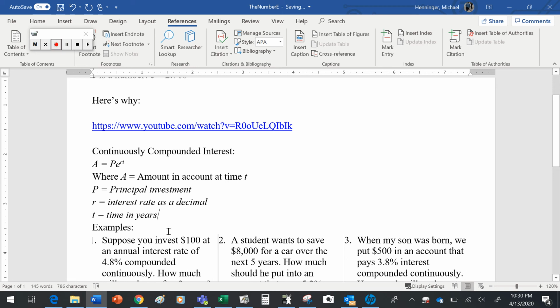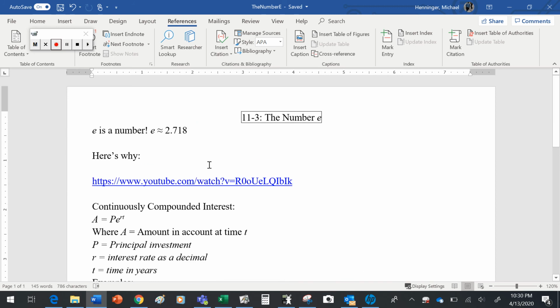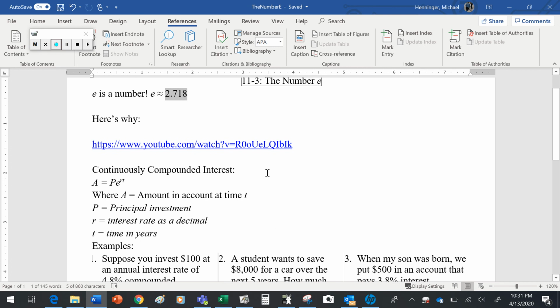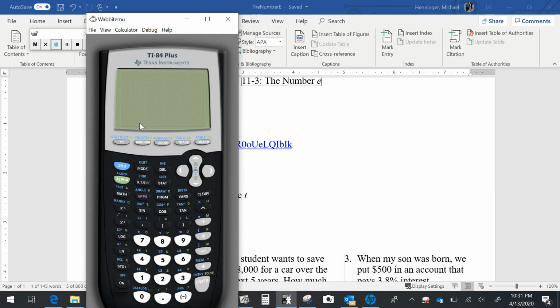Now, here's the catch though. We want to use this number e, and we want to be exact. We don't want to have to type in 2.718 every time because, number one, that's a rounded version of the number. Number two, what if we have a typo when we type 2.781? That can give us a very different answer. So good news, just about every calculator out there has an option to use e.